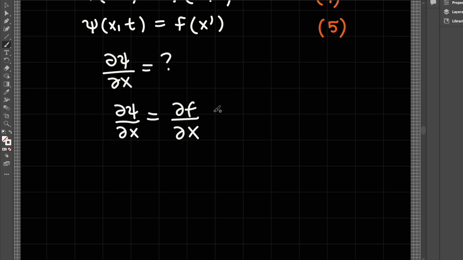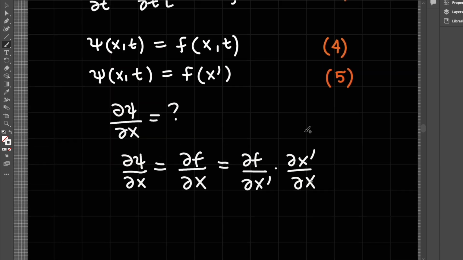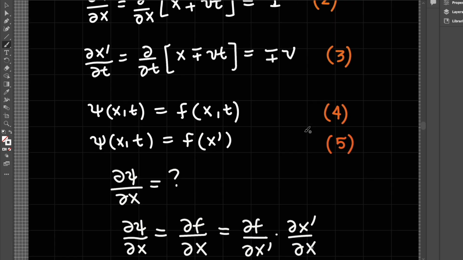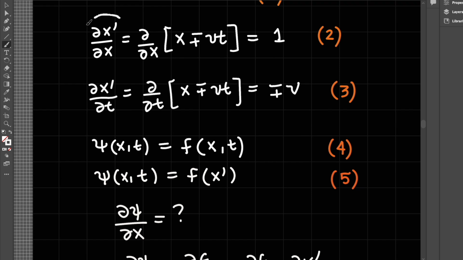Using the chain rule, we could also write this as partial of f over partial of x' times partial of x' over partial of x. However, using the result of equation 2, partial of x' over partial of x is equal to 1.